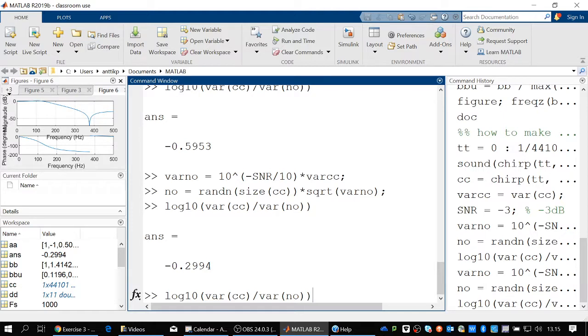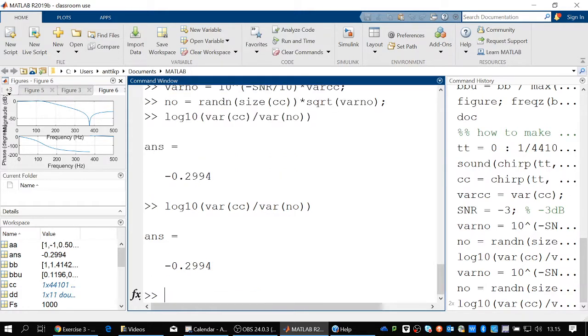So I have some noise in my system. I have minus 0.3 decibels of noise. Okay, but anyways, I have some noise.